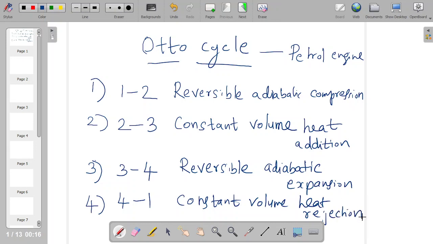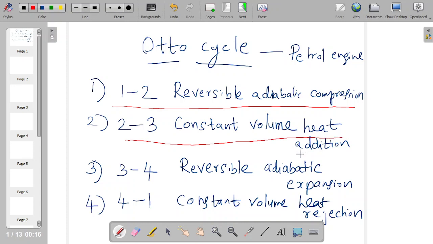So we have to first understand or first consider these four processes, then only we can identify the cycle and its efficiency. So first process is reversible adiabatic compression. So air is compressed, pressure and temperature increases, volume decreases. Then to that air we are adding heat with the help of an external source and at constant volume.